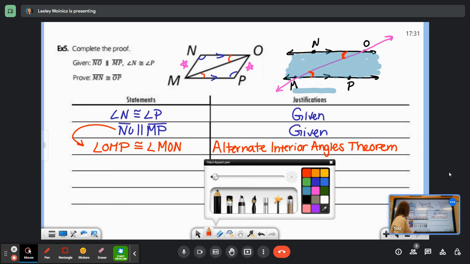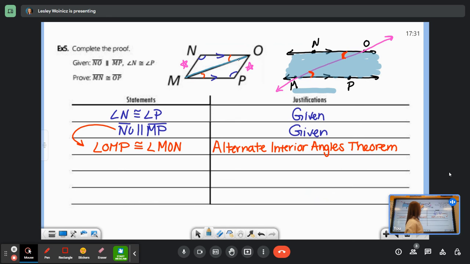Okay, now I have a beautiful, lovely shared side, which is congruent to itself by the reflexive property of congruence. So let's think about this. It'll be triangle MNO, MON, ONP. Okay, look at this.